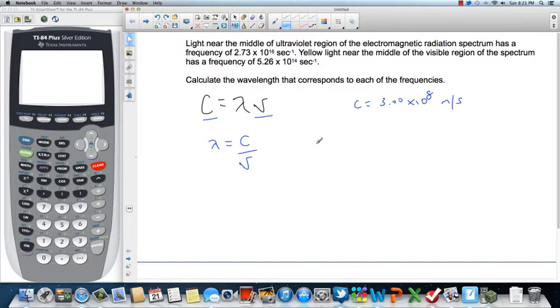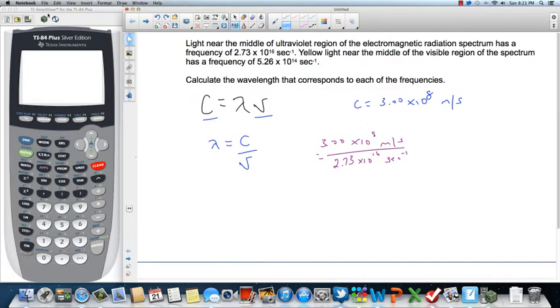The wavelength is going to equal 3.00 times 10 to the 8th meters per second divided by the frequency of that ultraviolet region, 2.73 times 10 to the 16th inverse seconds. What we should be left with as a unit is meters, because we have meters per second divided by inverse seconds.